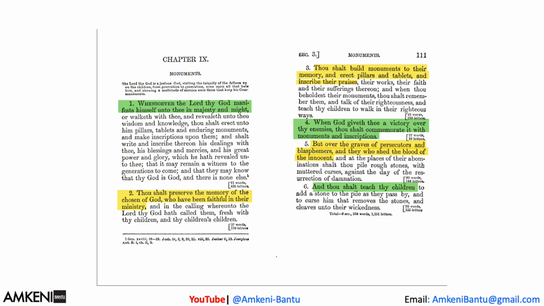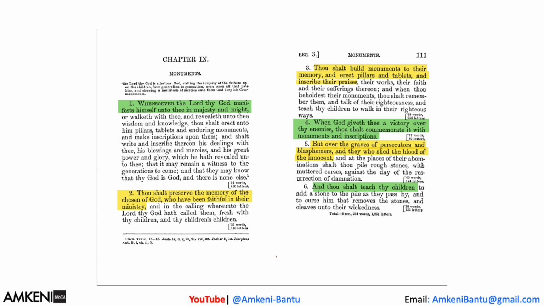Secondly, you're supposed to preserve the memory of the chosen of the Most High, who have been faithful in their ministry. Preserve the memory of Kimbangu, of Toko, of Isaiah, of all the people that have gone before us. Abraham, Isaac, Jacob, Joshua, you name them.